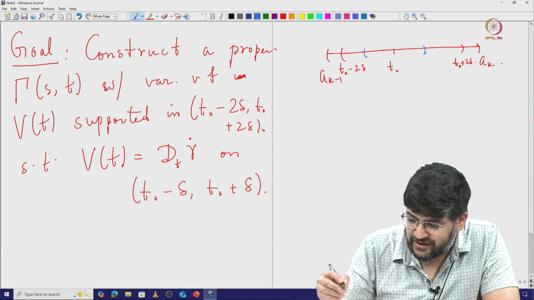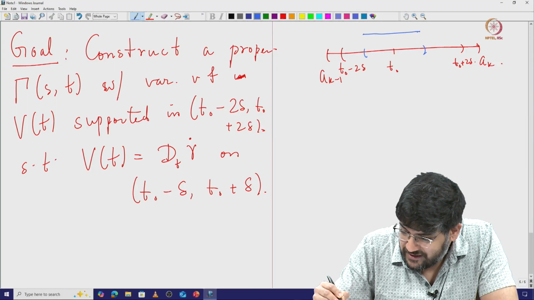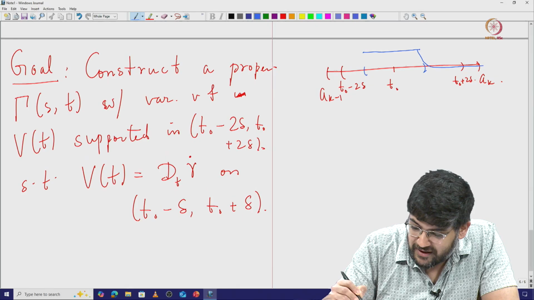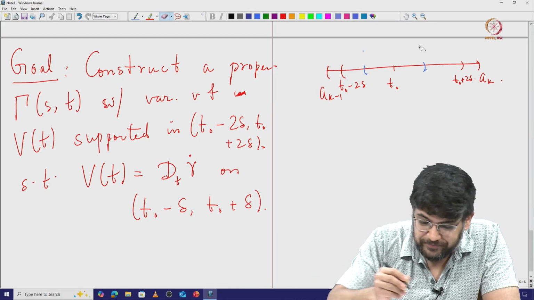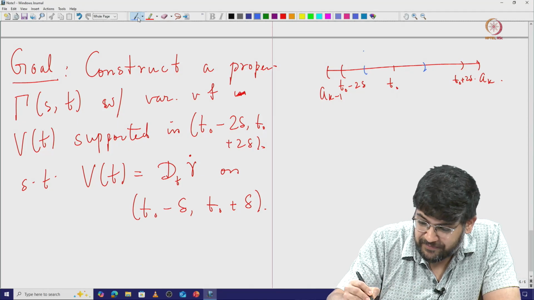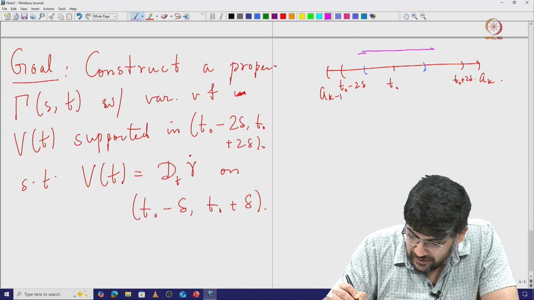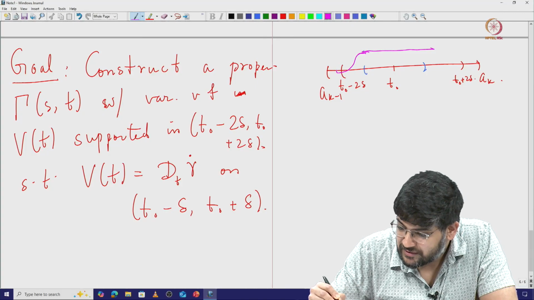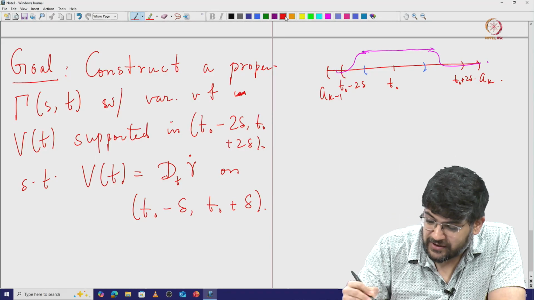So, the idea is that you simply take a cutoff function which is 1 here, and so this seems like a corner, but I want a smooth function. Something like this.